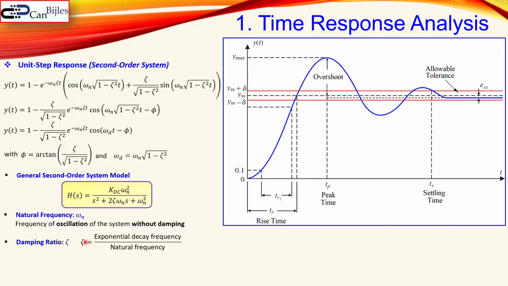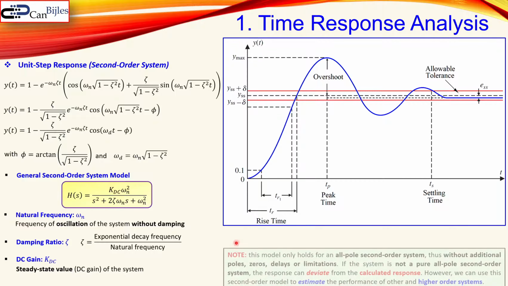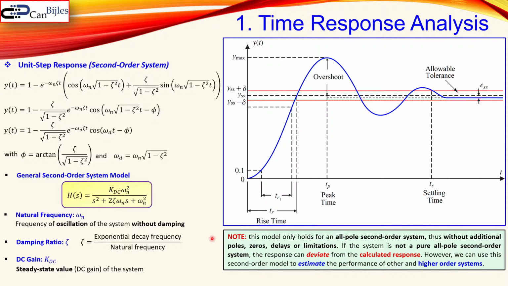And omega n has a unit of radians per second. Our DC gain, which is also called the steady state gain or steady state value, is the DC gain of our system. Note that this model is only valid for a second order system with only poles, so an all-pole second order system.